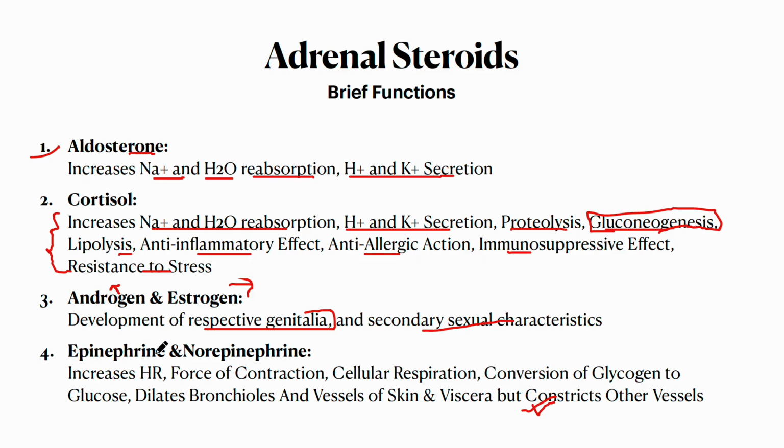So the functions of epinephrine and norepinephrine, or adrenaline and noradrenaline, are that they increase heart rate and also force of contraction of heart muscles, and increase the rate of cellular respiration, conversion of glycogen into glucose is increased, and they dilate bronchioles and vessels of skin and viscera, right? So you have to remember this. Vessels of skin and viscera are dilated by adrenaline and noradrenaline, but other vessels are constricted. You have to remember this, right? So that is brief functions.